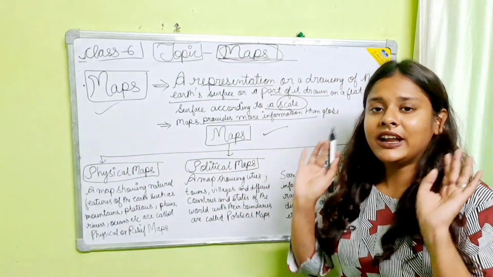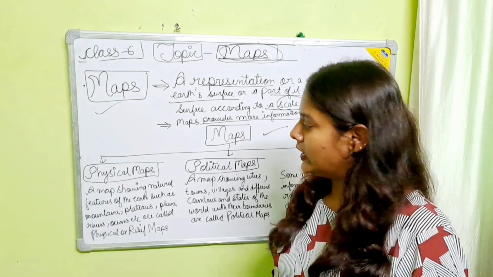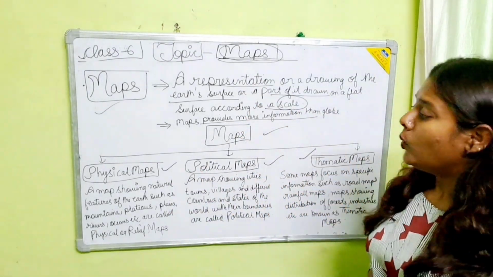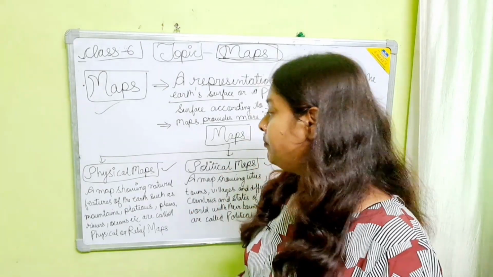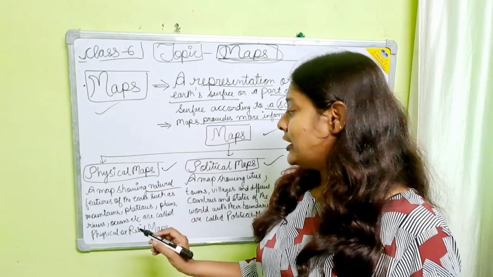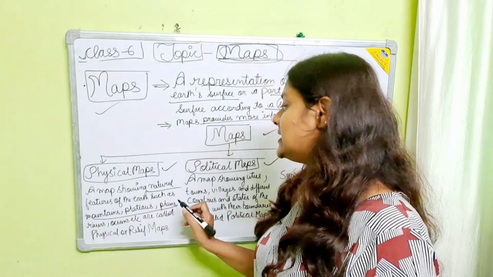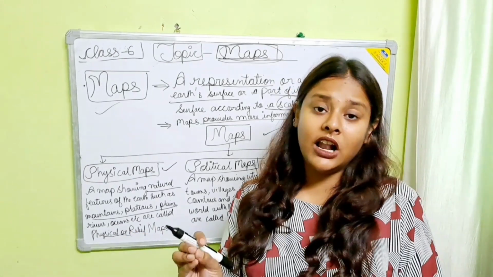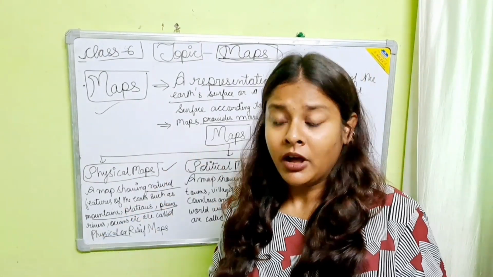There are three types of maps, popularly known as physical map, political map and thematic map. When we talk about a physical map, a map that shows natural features such as mountains, plains, plateaus, rivers, etc. is called a physical or a relief map.